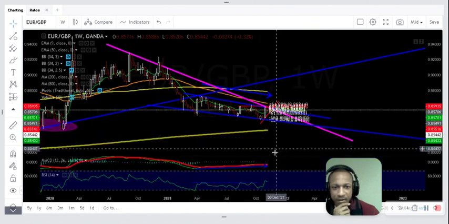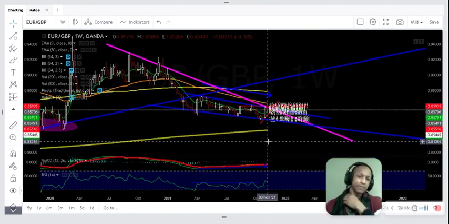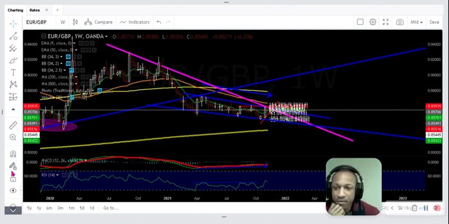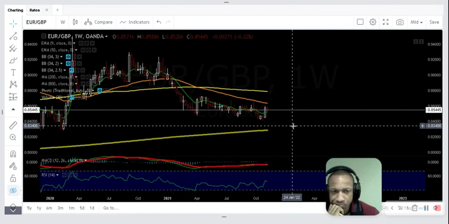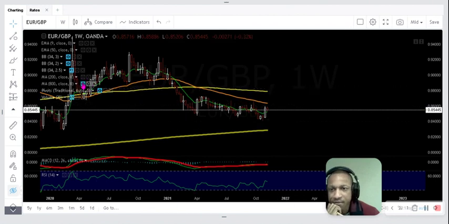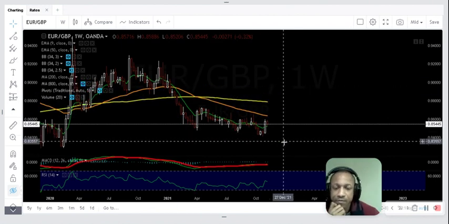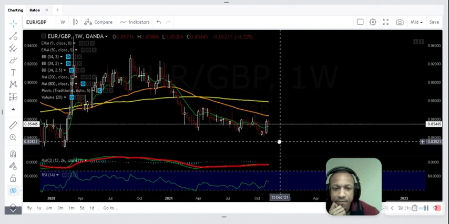Okay, so right here we got a line of flat price being flat, but yet price was going down here on the actual chart. Let me take off this 800-day moving average.